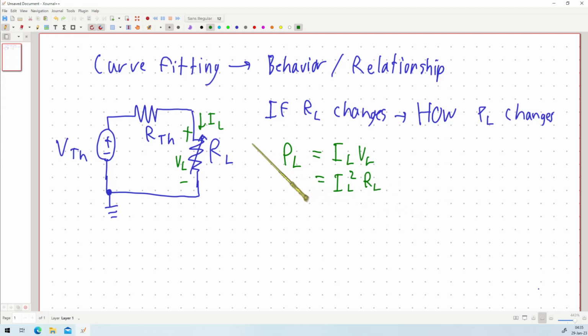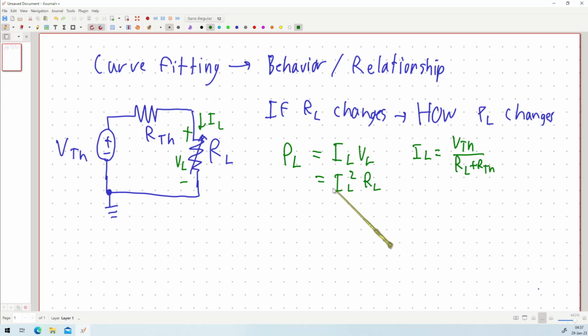But since we want to know the behavior of RL, we have to transform this function into this function. So after transformation, and since this is only one loop, IL will be just VTH divided by RL plus RTH.